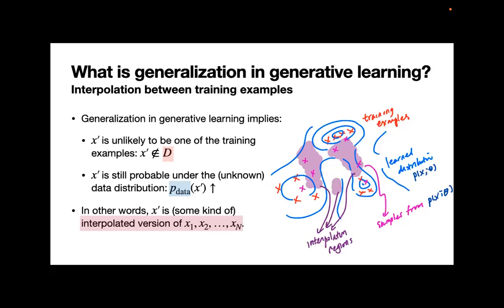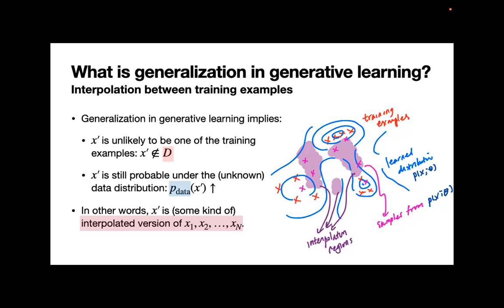So whatever I sample has to look realistic, but cannot be exactly like a training example. Because if it turned out to be a training example, that just tells me that it's overfitting too much. And if you think about these two, essentially x prime has to be some kind of interpolated version of all these training examples. Let's think about this example that I have drawn again. The red axis corresponds to training examples.